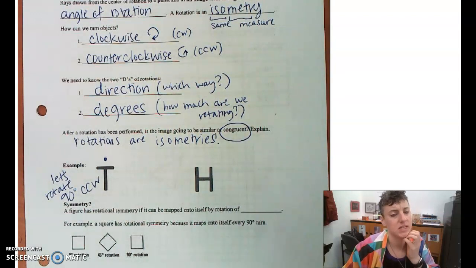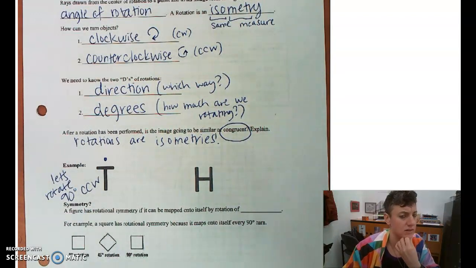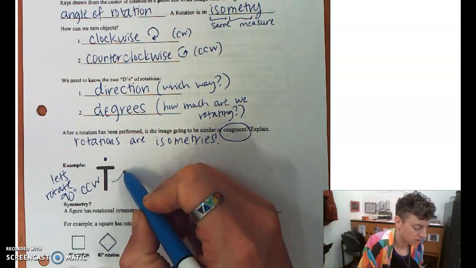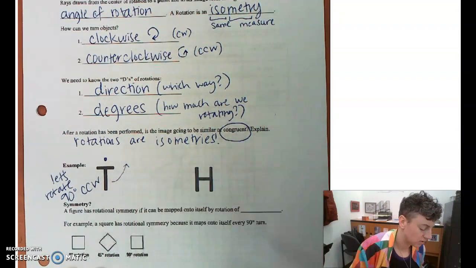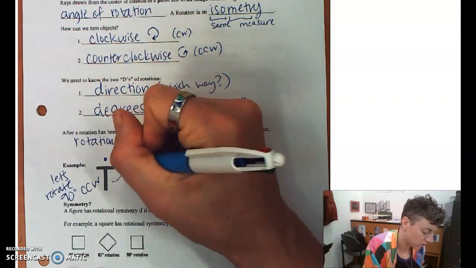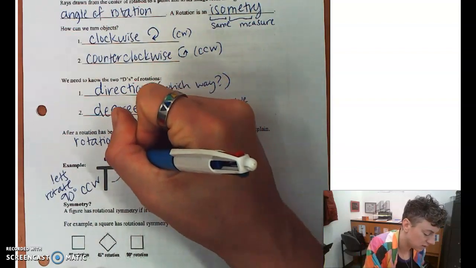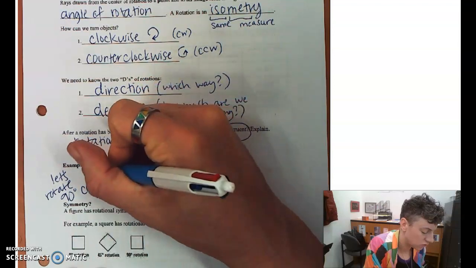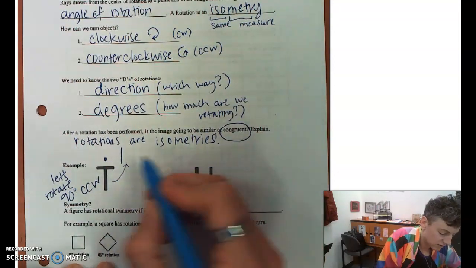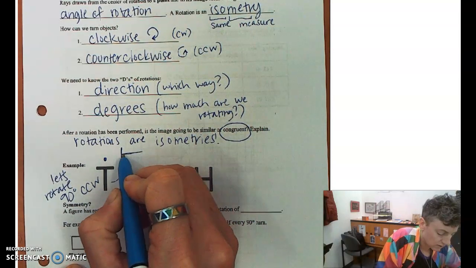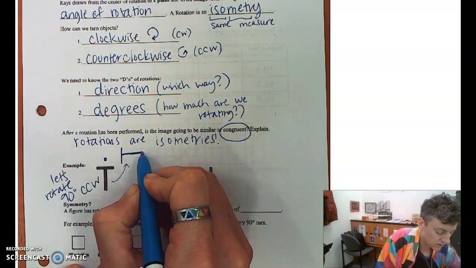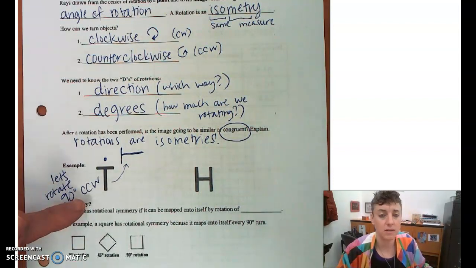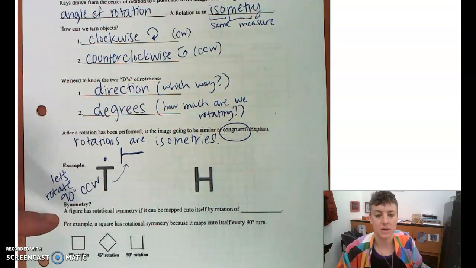And we're going to rotate it 90 degrees counterclockwise. Means we're going that direction, 90 degrees. So our new T, there's the top of it. And here's this guy. There's our 90 degrees of rotation. We had our direction counterclockwise. Our degrees was 90.